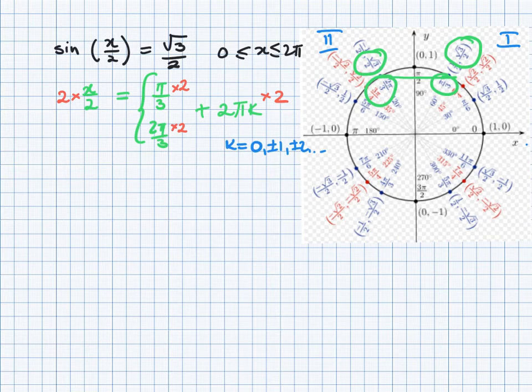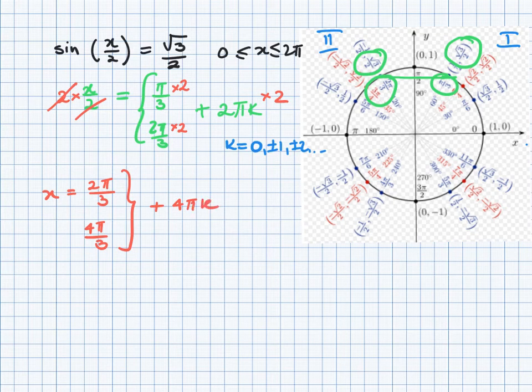So this is going to give us x equal to 2 pi over 3, and 4 pi over 3, and then plus 4 pi k.